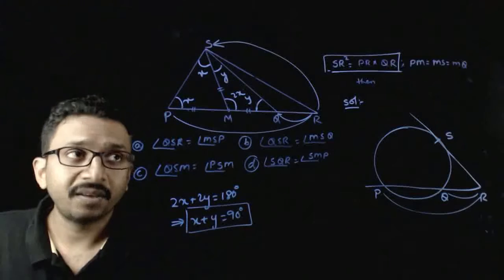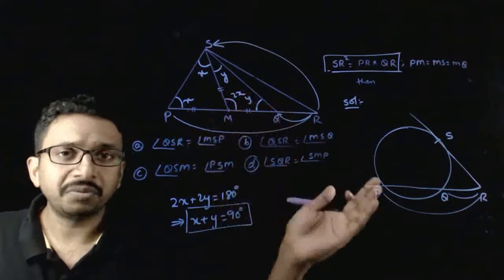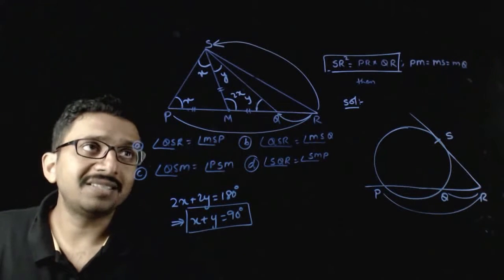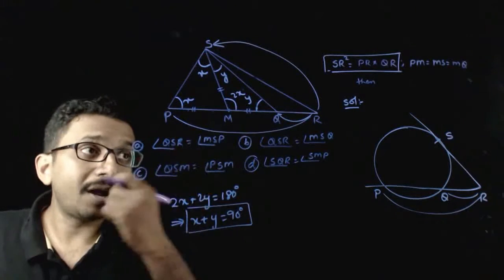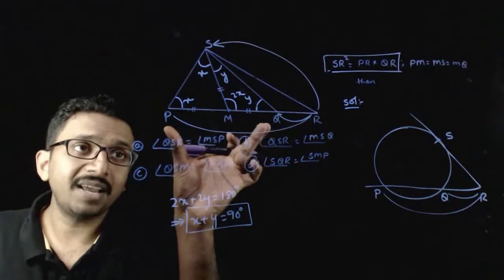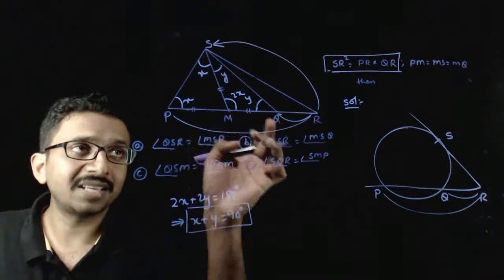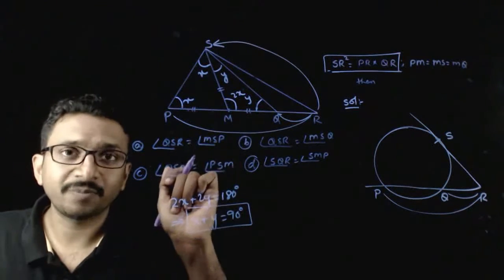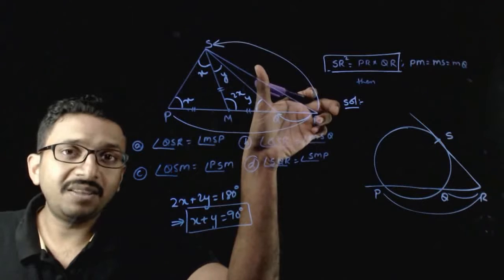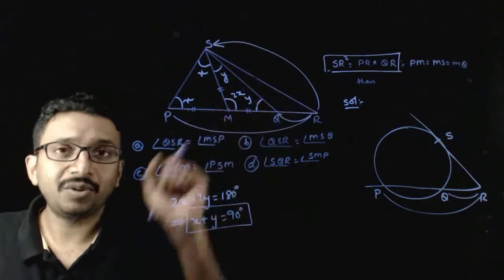So if you relate these two statements, what you can say is, if you draw a circle passing through P, Q and S, RS will be the tangent to that circle.